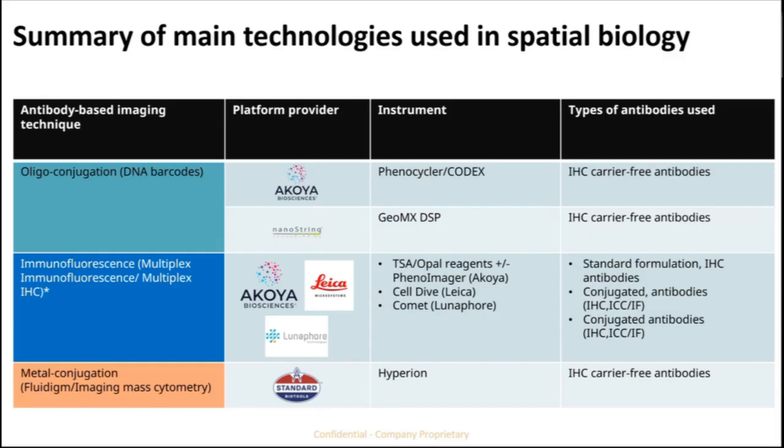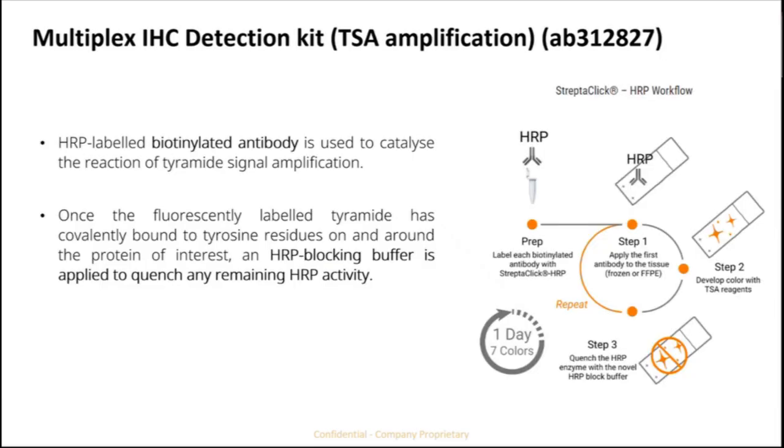I'd like to quickly share that we do have a multiplex IHC detection kit using TSA amplification. What this kit does is that it helps to conjugate HRP to a biotinylated antibody using a click reaction.